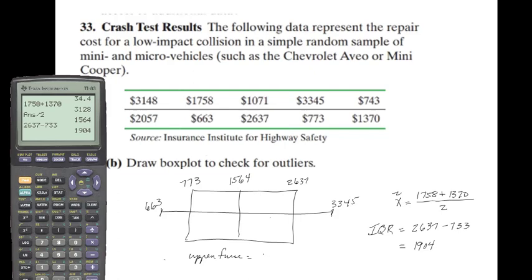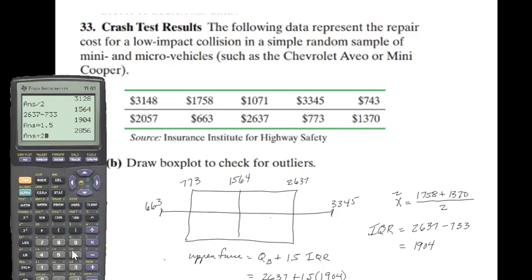is equal to Q3 plus 1.5 IQR. So in this case it's going to be 2637 plus 1.5 times 1904. So I'm going to take 1904 and times it by 1.5, and then I'm going to add 2637.